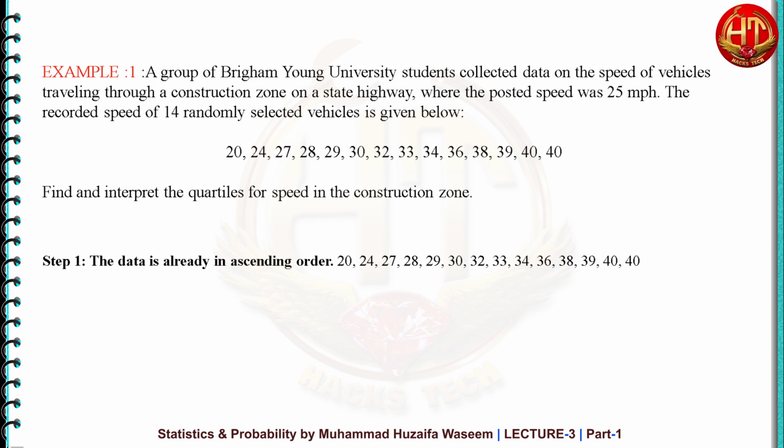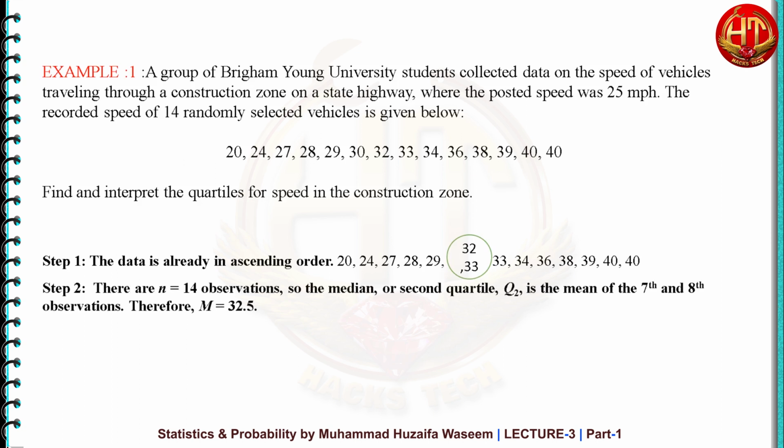Your given series has 14 observations, so divide the data into two equal parts. 7 observations are on the left hand side and 7 observations on the right hand side, and then take an average of the two middle terms, which are 32 and 33. So this is your median. 32 plus 33 divided by 2 is equal to 32.5. So this is your median.